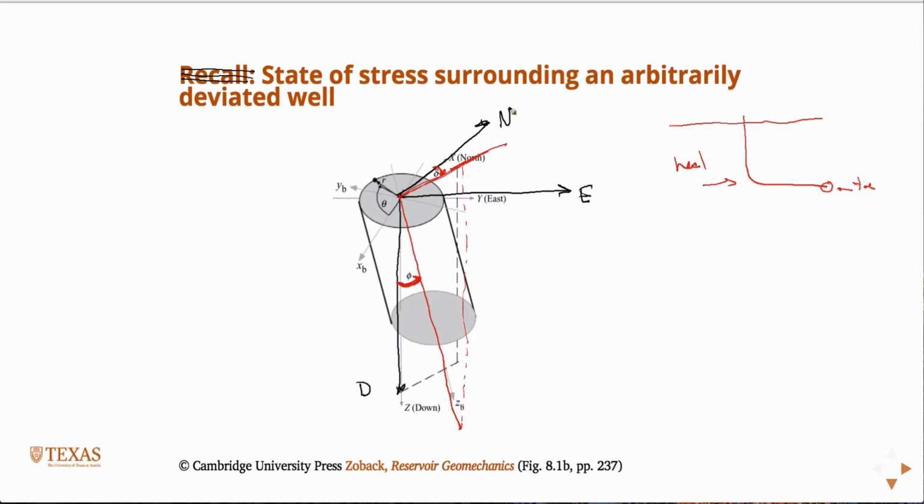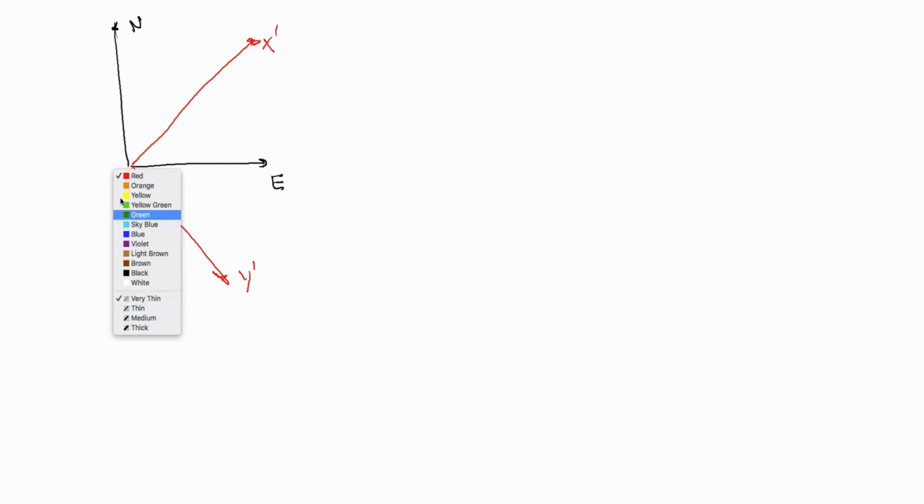So if I draw north and east, and then draw another coordinate system, which I'll just call x prime, y prime, and the x prime defines the azimuth of the toe of the well, right?